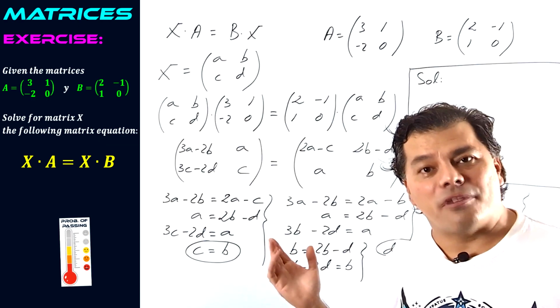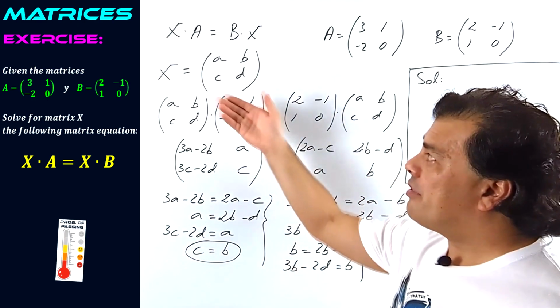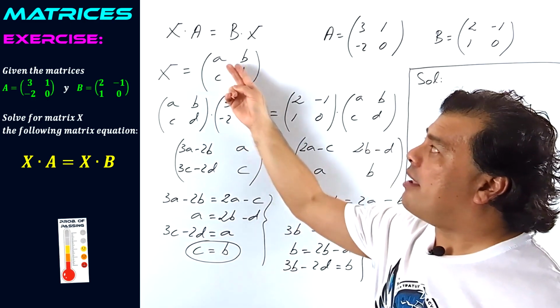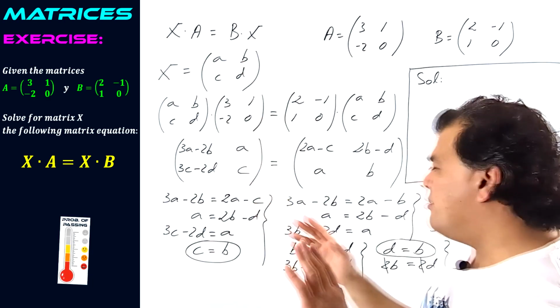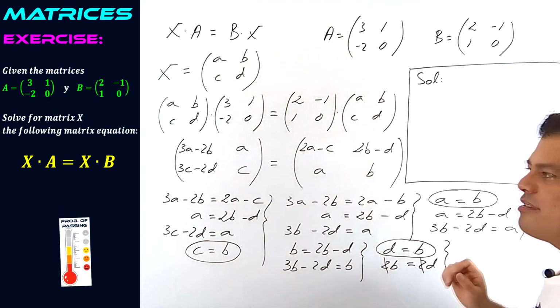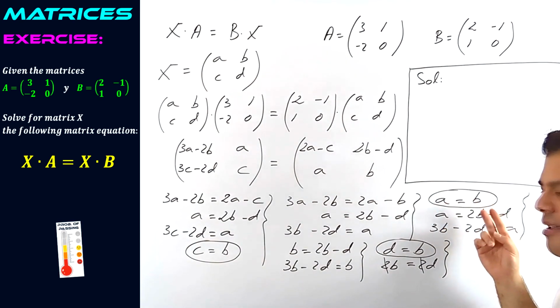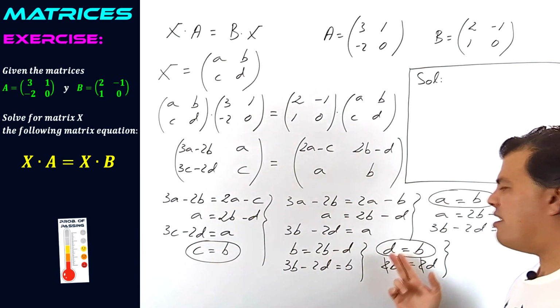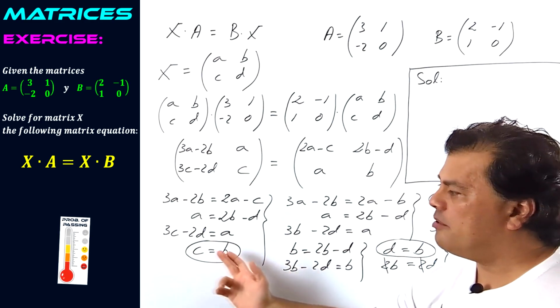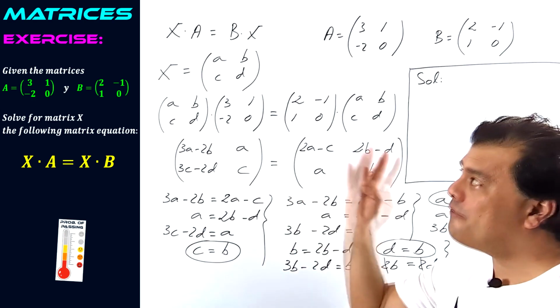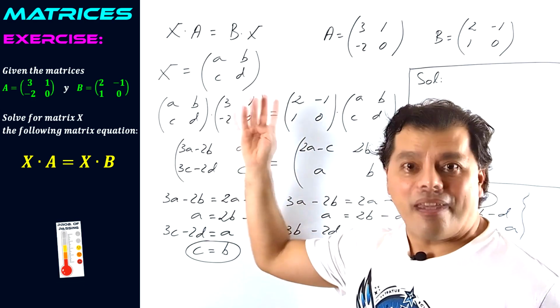What is this result giving us? Well, the template for our matrix X is A, B, C, D. And you can see that mathematics is telling us that position A must be equal to position B, position B must be equal to position D, and position C must be equal to position B, which means that the 4 positions must be equal.